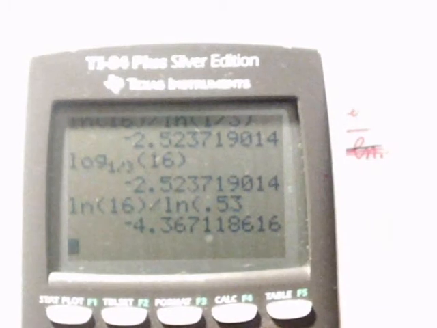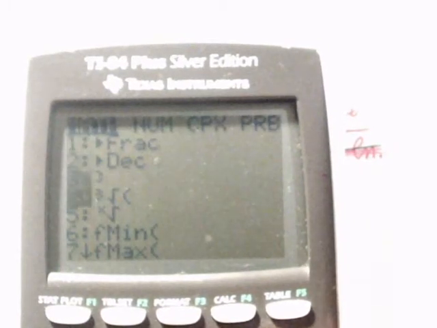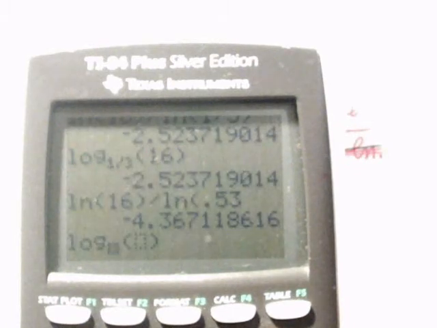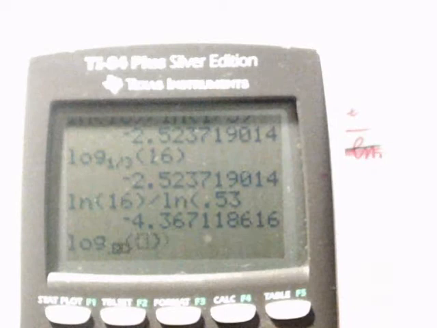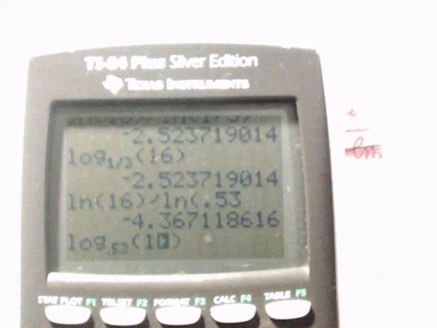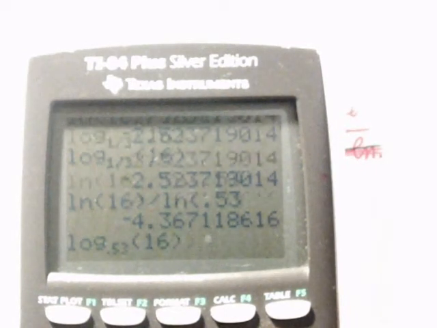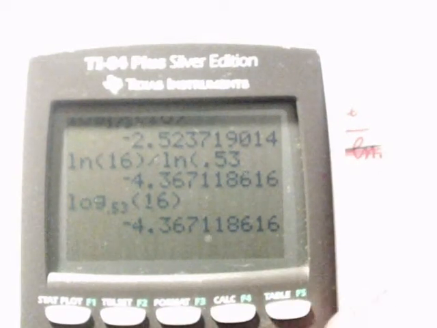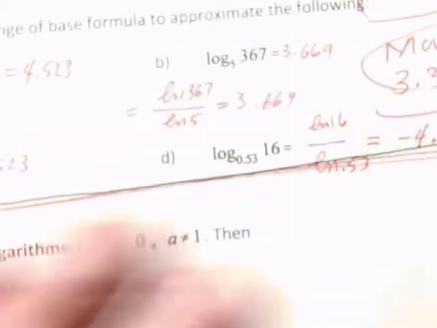Now if I use that other feature, 0.53 is the base and 16 is the argument. You see, you get the same number, negative 4.367.